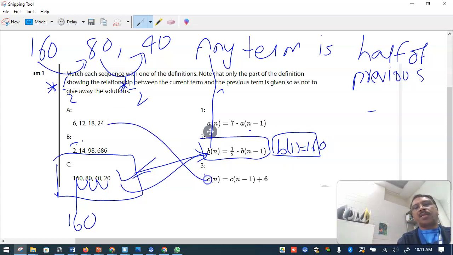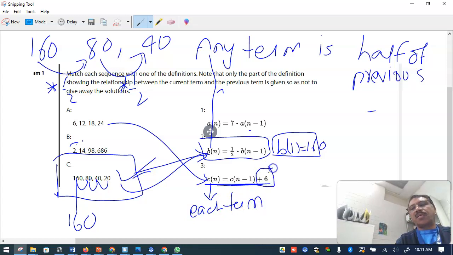What about this one? Why is this correct? What this means is each term is 6 more than the previous. This means the one before. So n minus 1 means one before, the step number one before.